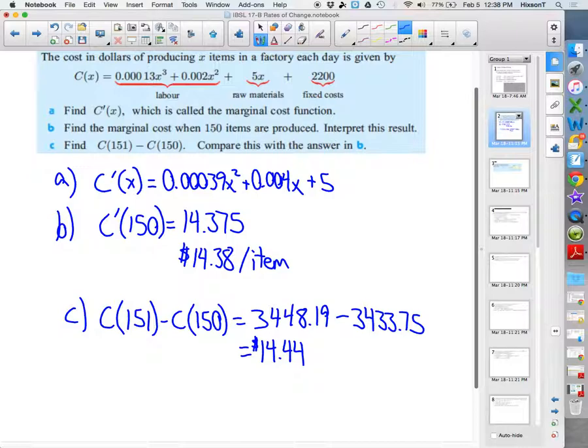So, what do you think? They both give you the cost of producing one item, roughly. What's the difference in these two results?